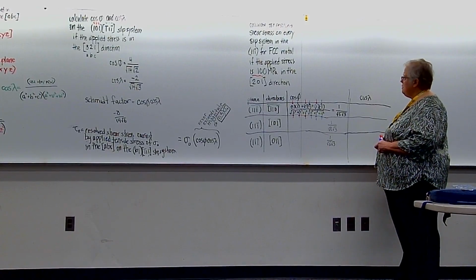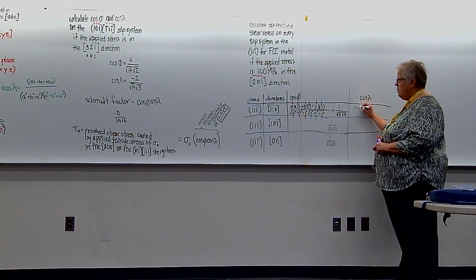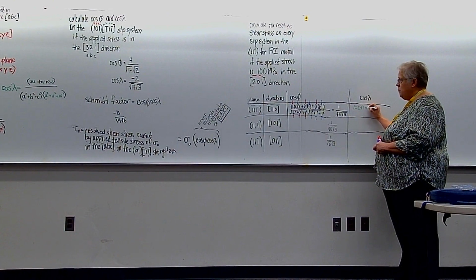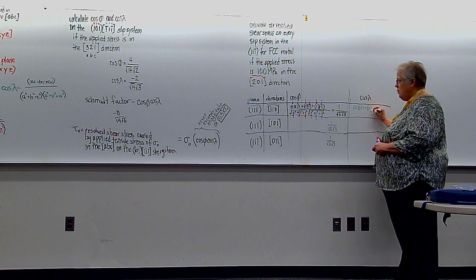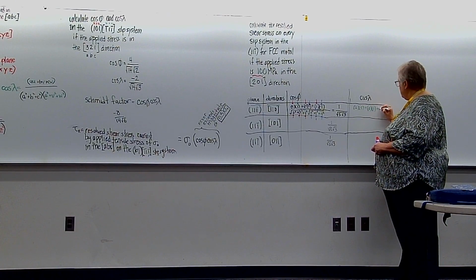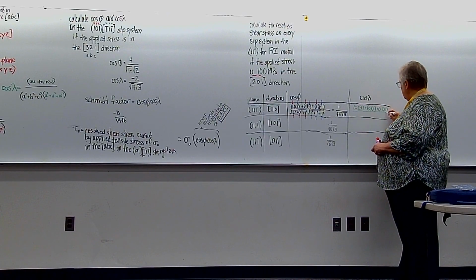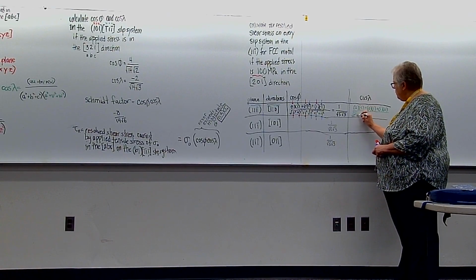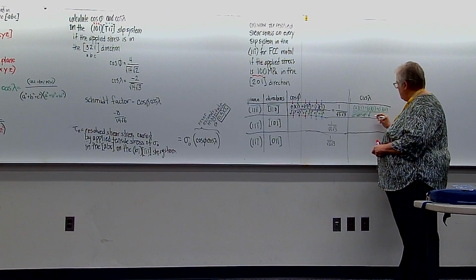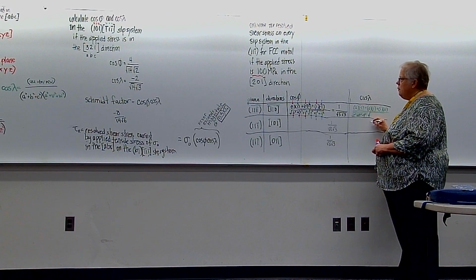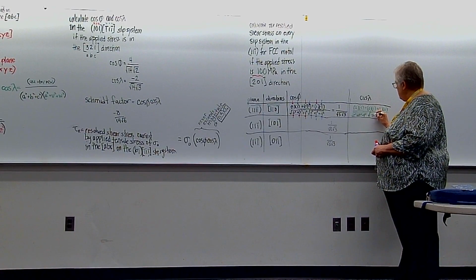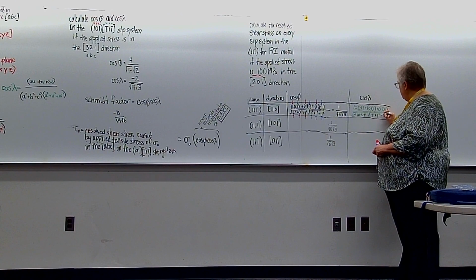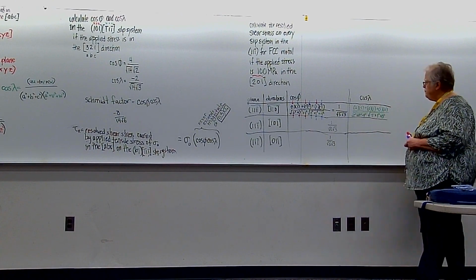So I've got 2 times -1 plus 0 times 1 plus 1 times 0, divided by the square root of 2 squared plus 0 squared plus 1 squared times the square root of -1 squared plus 1 squared plus 0 squared.